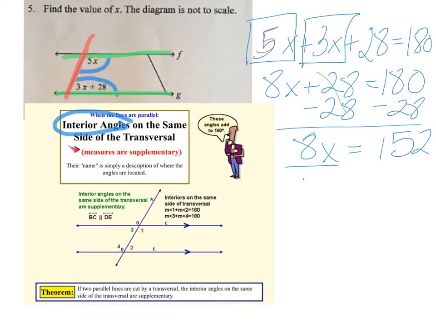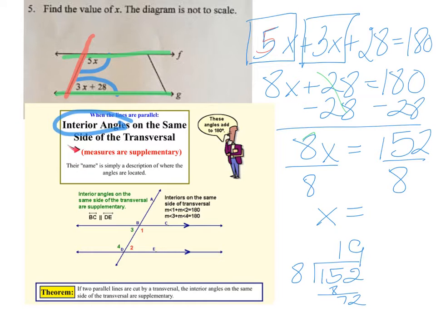Then we divide both sides by 8. Let me actually do that: 8 into 15 goes one time, 8, 72, and 19. So x equals 19 is the final answer.